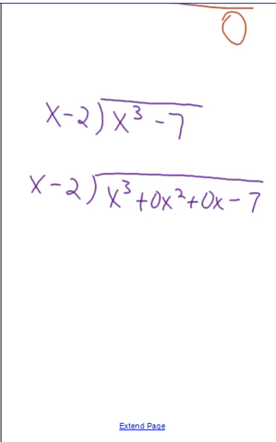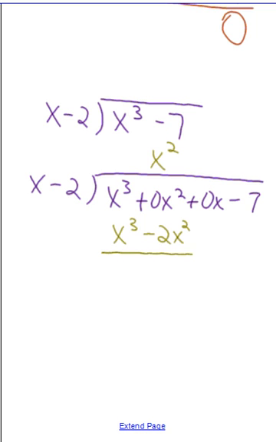All right, so let's proceed on this one. What times x equals x cubed? x squared, right? Why is the one on top x squared? Because I have to get an x cubed this time.